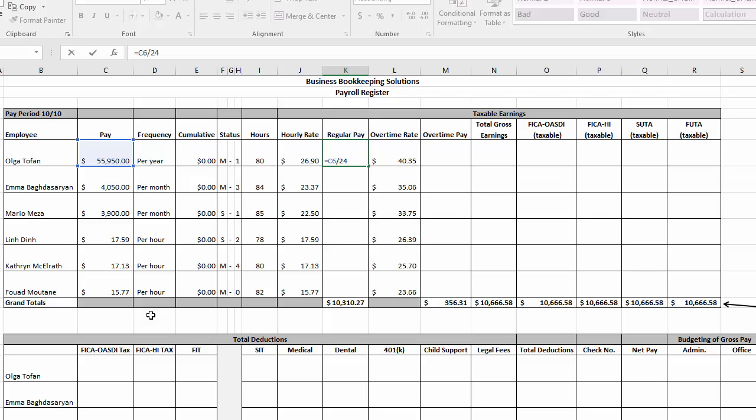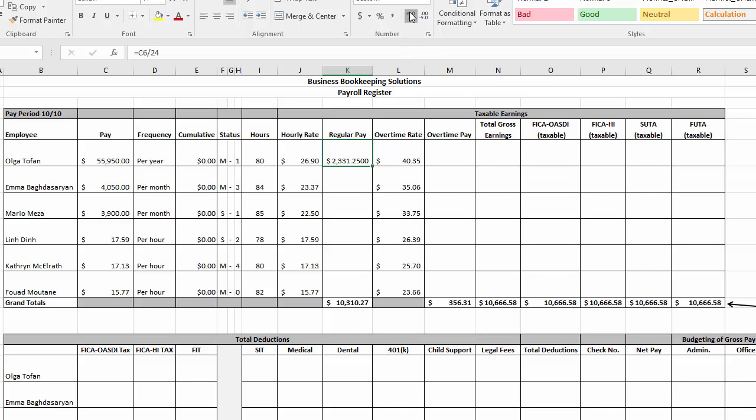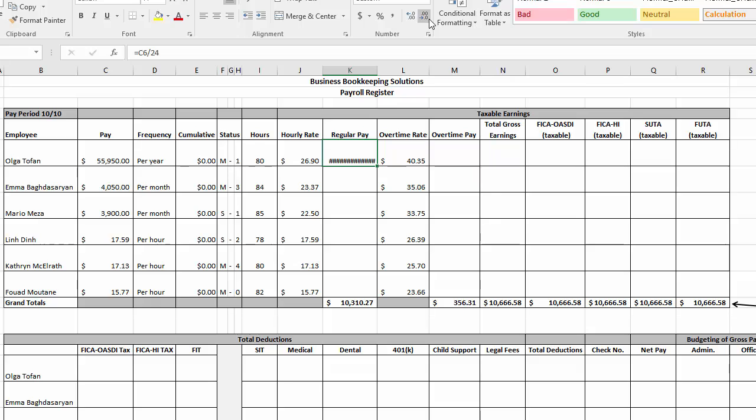So how much is Olga going to get paid for working 40 hours? She's going to get paid $2,331.25 for every pay period, in other words, for 80 hours of work. Now let's double check to see if that includes extra decimals.